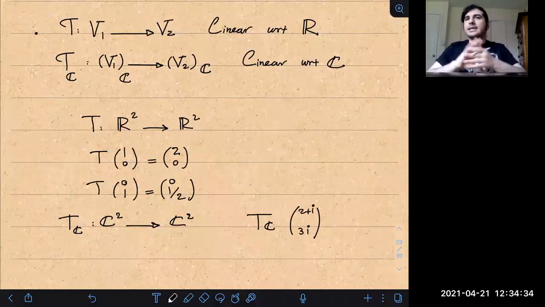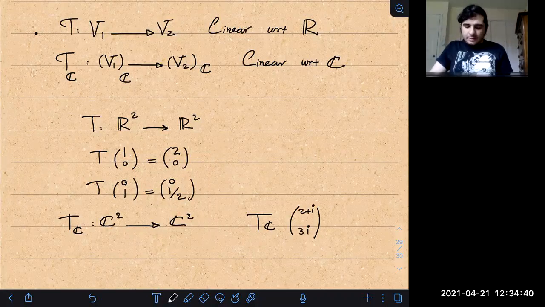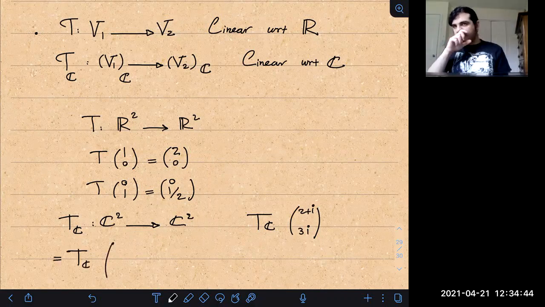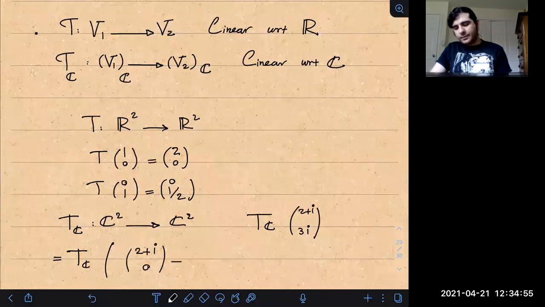I want to know what is the image of this one in C2. We know that (2+i, 3i) is equal to (2+i, 0) plus (0, 3i), right?